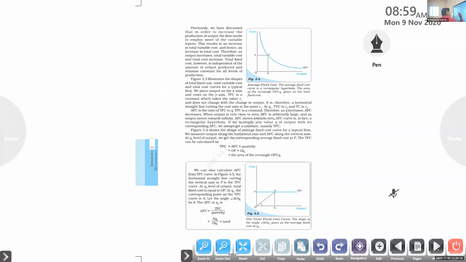The AFC curve is in fact a rectangular hyperbola. You can see here 3.4. See the curve, observe the graph, figure number 3.4. It's a rectangular hyperbola.